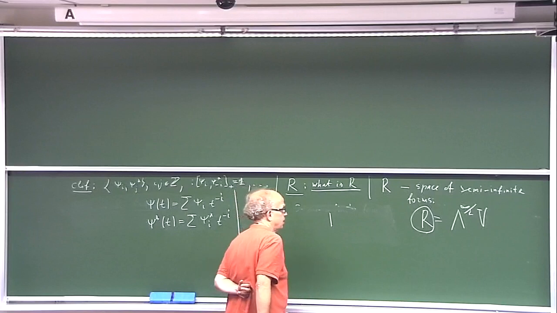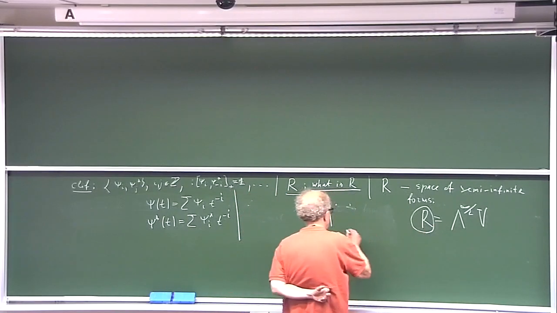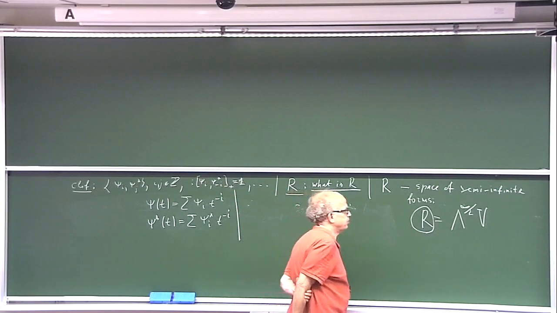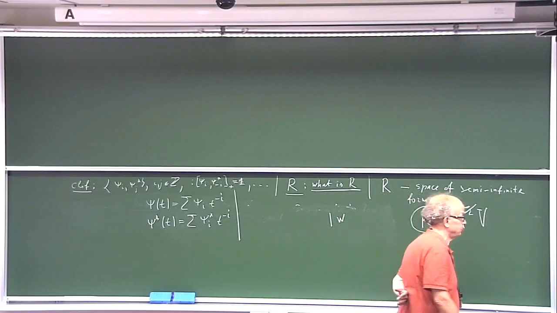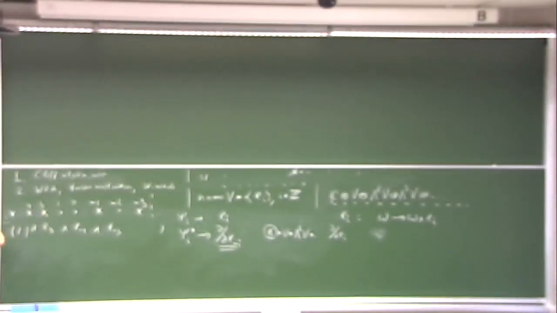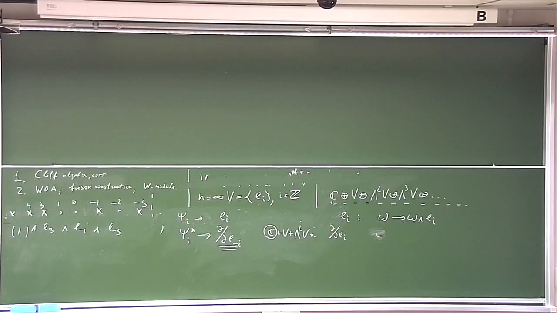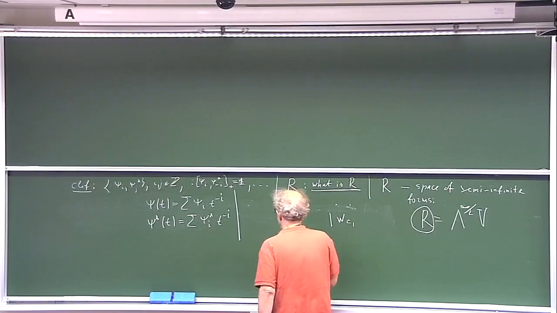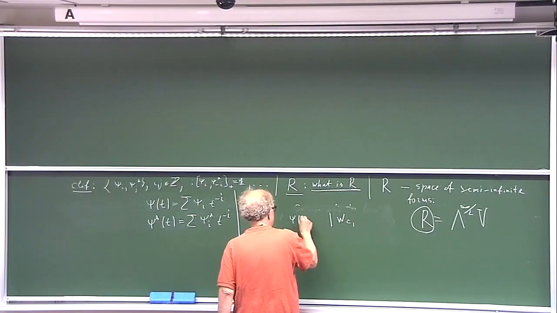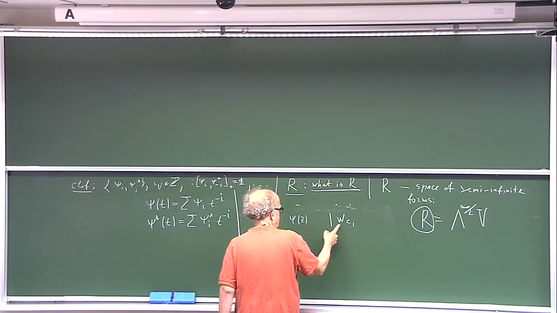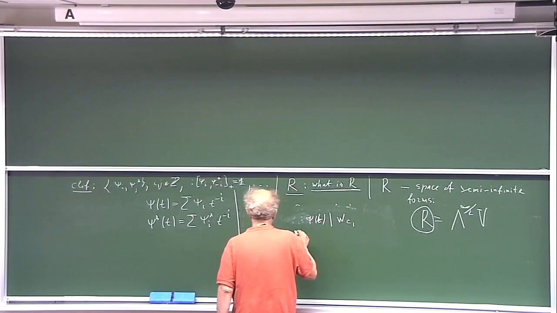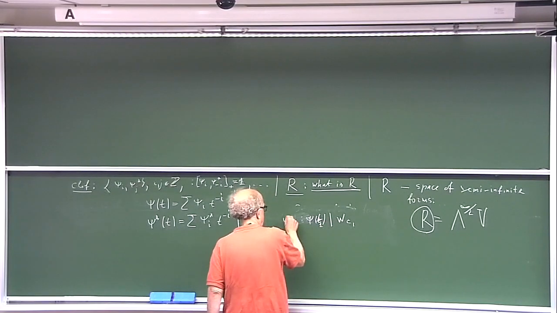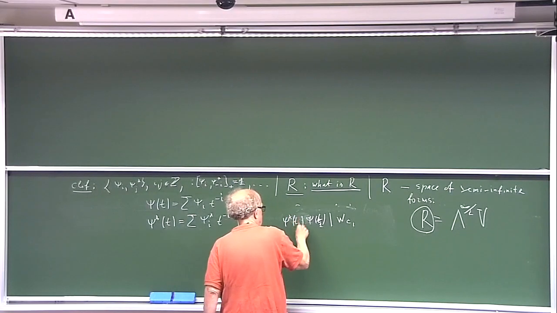I can take some vector here, W, and suppose this vector corresponds to some semi-infinite configuration. It may be configuration C1. Then I apply to this vector psi(t1) and psi star(t2).